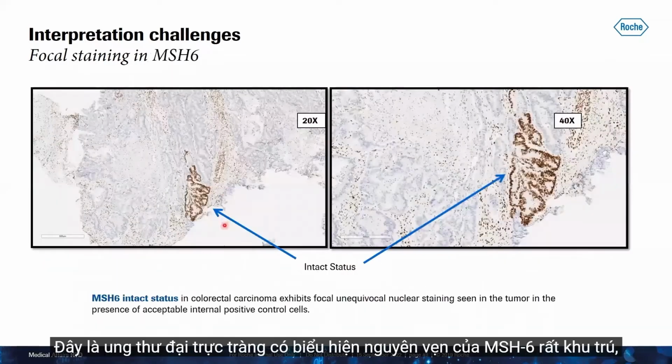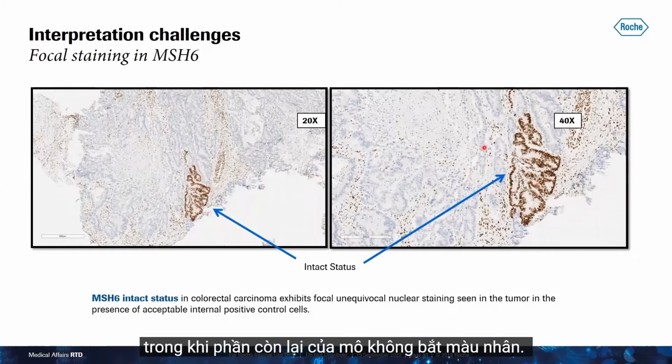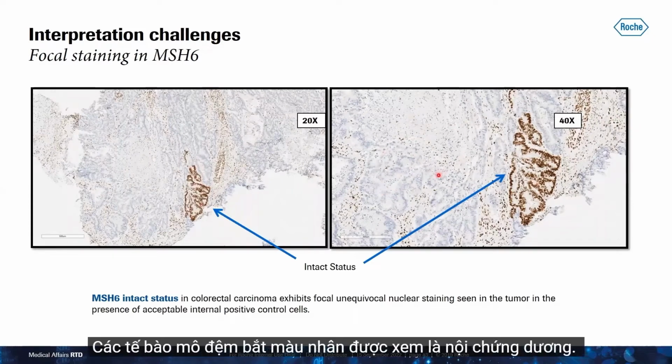So here is colorectal cancer showing very focal, intact expression by MSH6, whereas the rest of the tissue is showing absent nuclear staining, while the stromal cells are showing positive nuclear staining as internal controls.